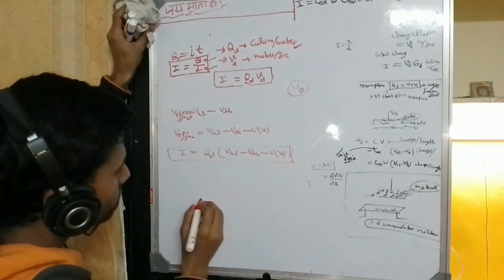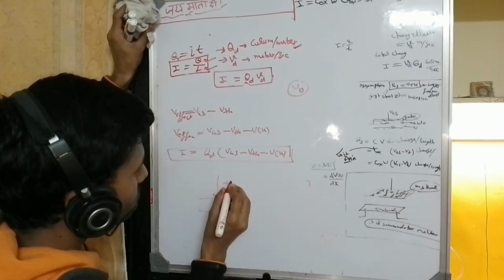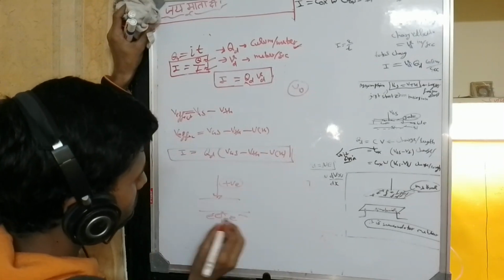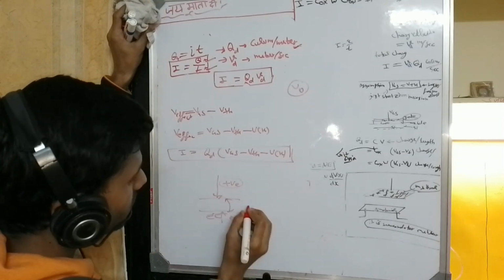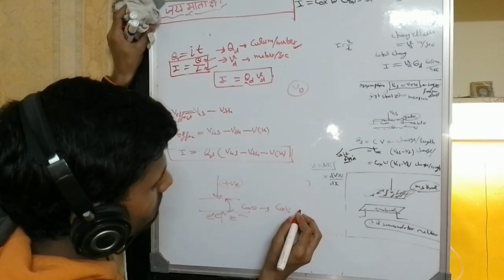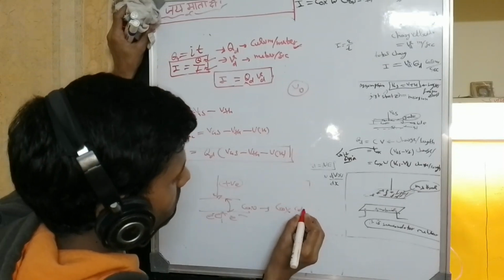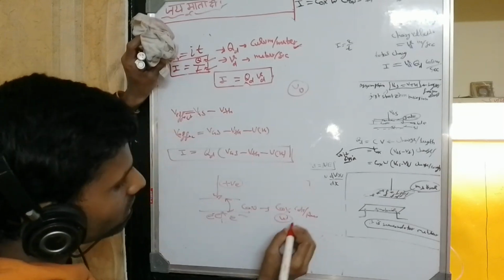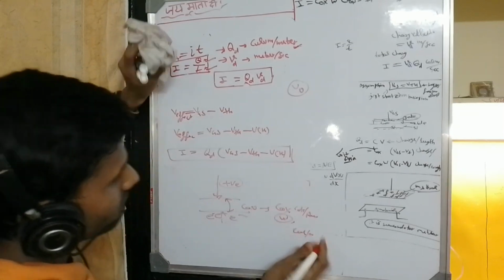And one more thing, if you apply positive voltage to the gate, that electron will appear here, so between these two plates one capacitance will build up. This capacitance is COX, which is capacitance per unit area. If I multiply with W, then this will become capacitance per unit length.